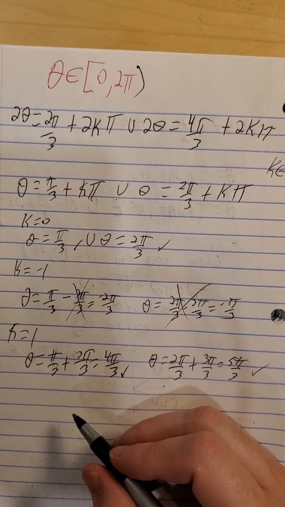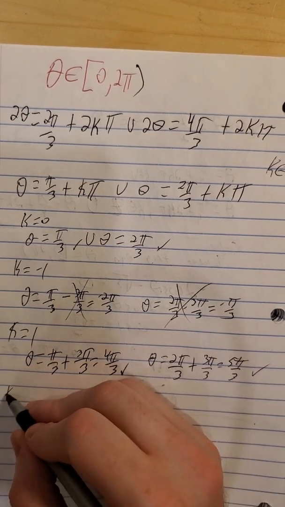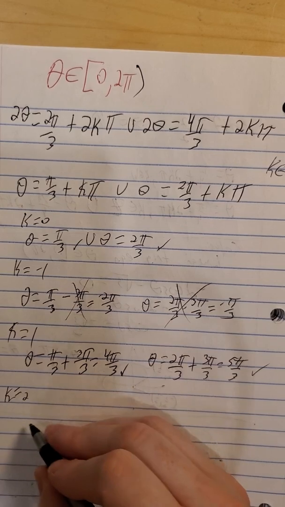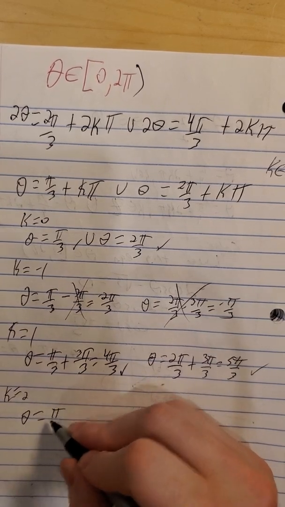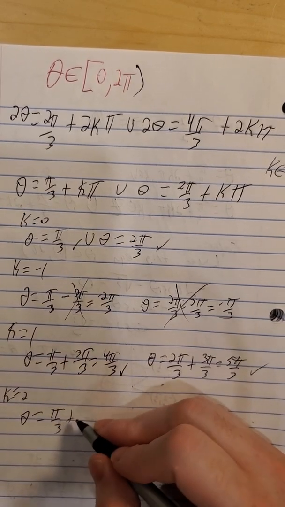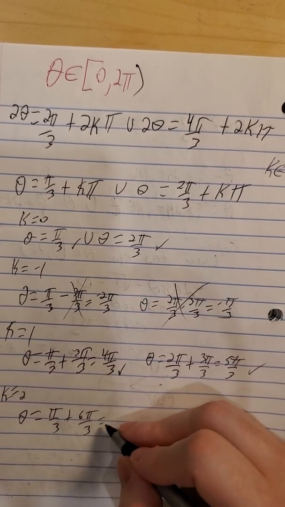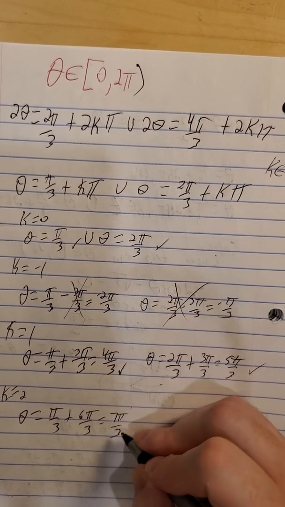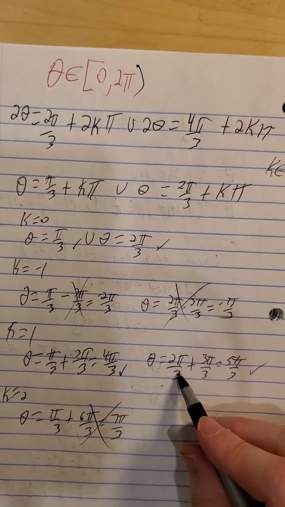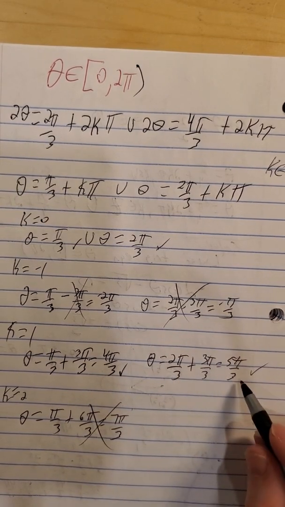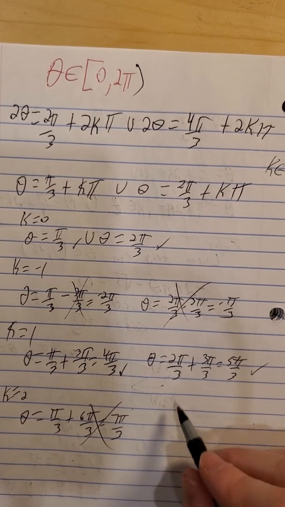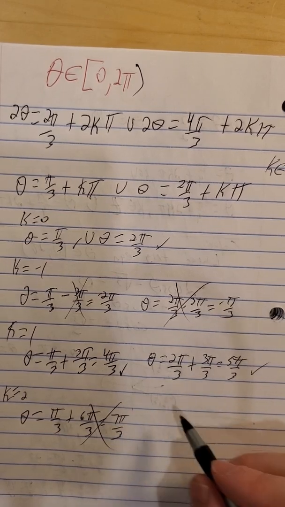If we try out k equals 2, theta equals pi over 3 plus 2 pi is 6 pi over 3, 7 pi over 3, no dice there. And of course, if we add more to that, we're still bigger.